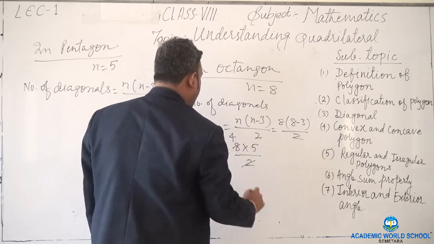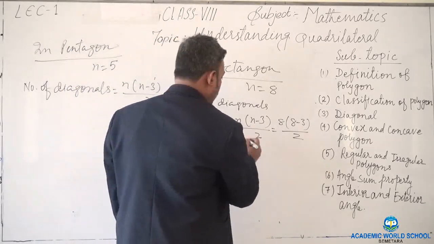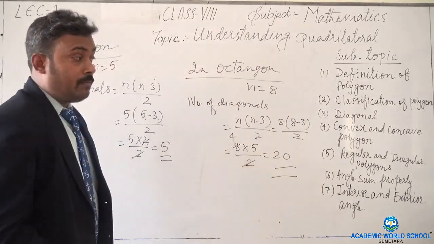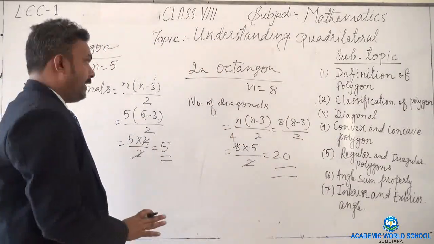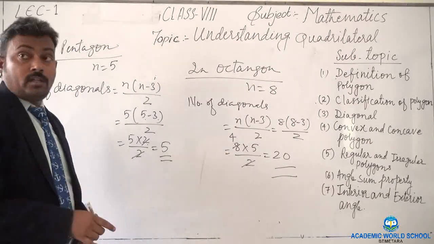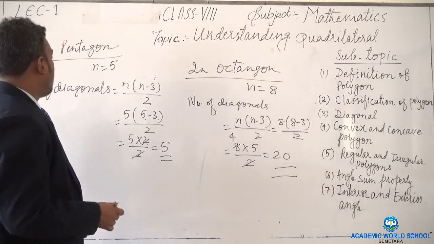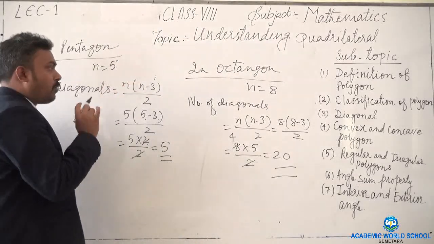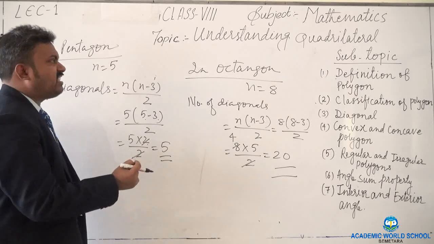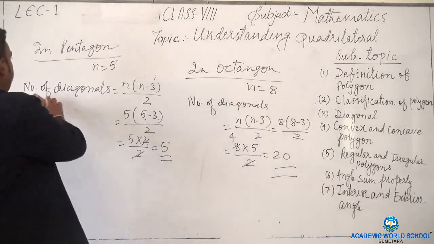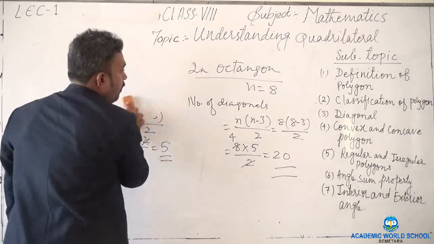If you cancel that, 8 by 2 you get 4, 4 into 5, 20. So the number of diagonals in an octagon will be 20. This is how we calculate the number of diagonals in a polygon. Remember, the number of diagonals in a polygon is n into n minus 3 upon 2, where n is the number of sides in a polygon.